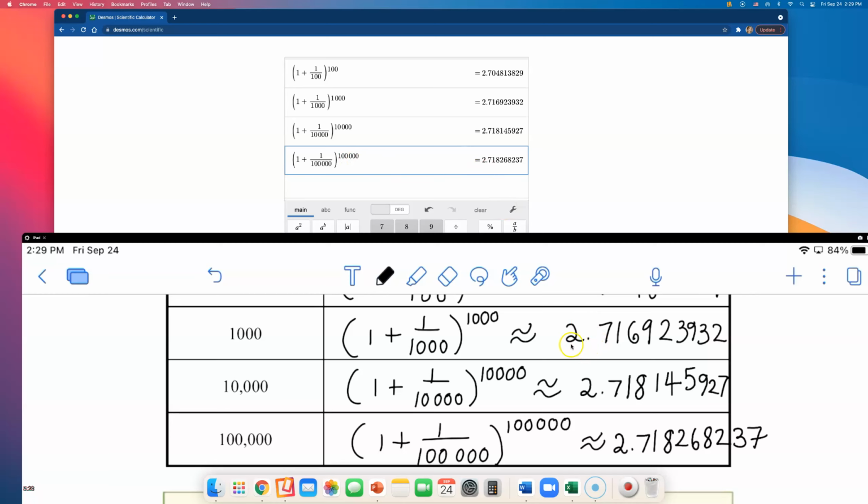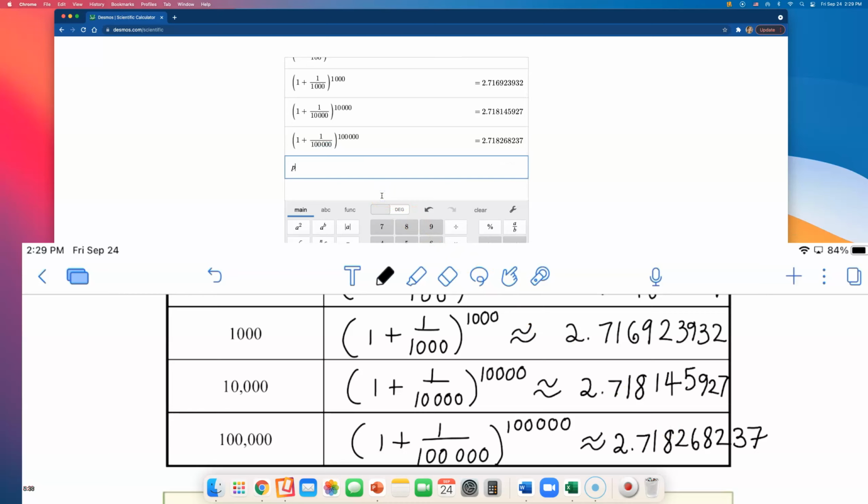It's getting close to 2.718 and so on, right? So what is that number? You know what pi is, right? If I ask you what pi is, you're going to tell me pi is 3.14. There's another very popular irrational number in math that you may have seen before.